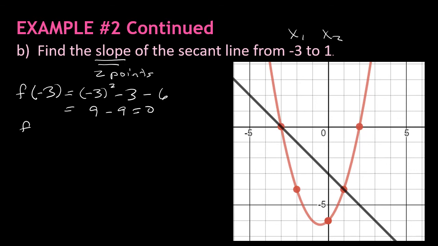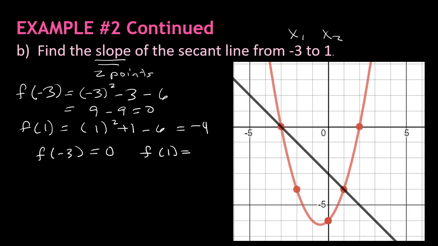My other point is f of 1. Yay, 1's an easy number. So I substitute in 1 plus 1 minus 6, which is -4. So f of -3 was 0, and f of 1 was -4. Now I can use those two numbers to write my slope.